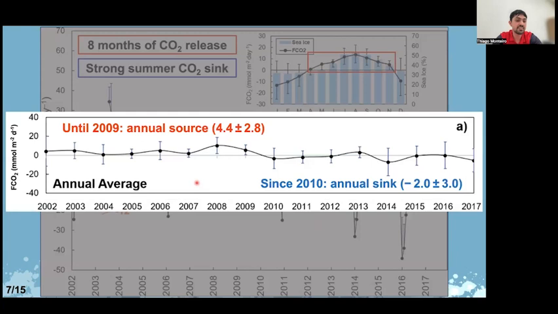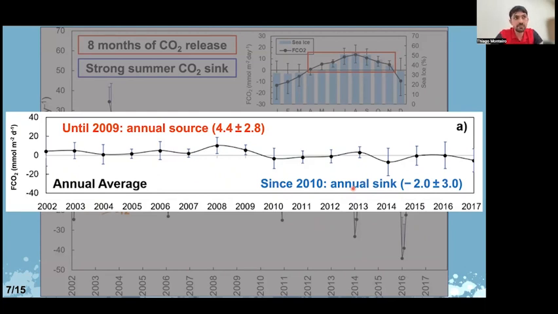In this figure, we have the annual average of the CO2 fluxes. And we observed that until 2009, the region was an annual source of CO2. So actually, the region released CO2 until 2009 as a net behavior throughout the year. But since 2010, the region changed its behavior to mainly an annual sink of CO2.